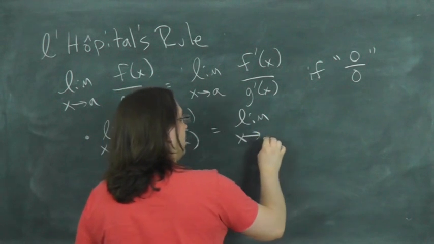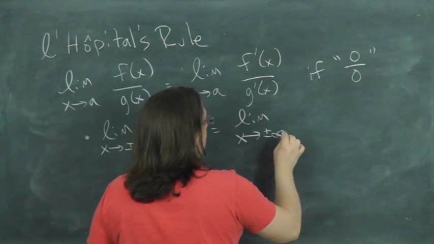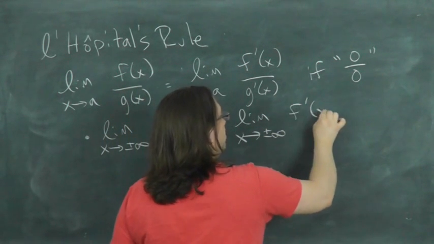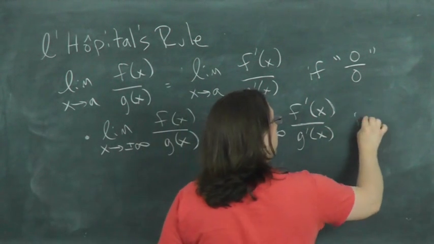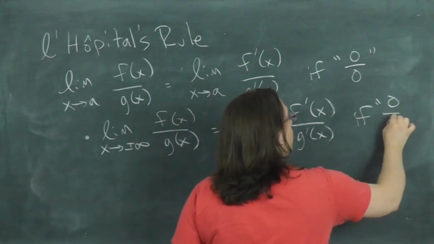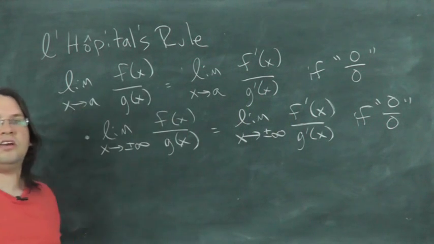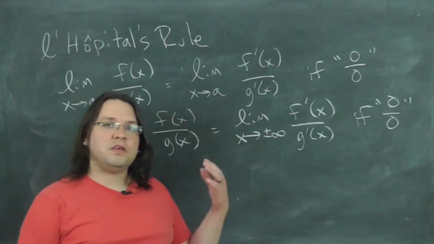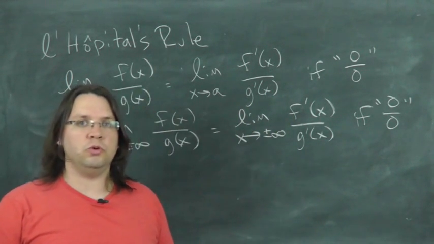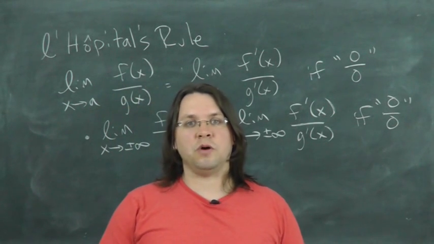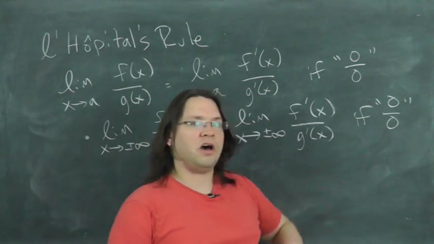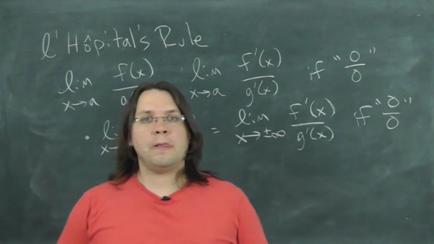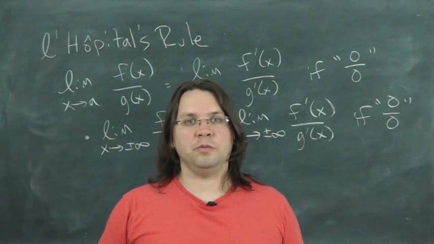This is the limit as x goes to infinity or maybe minus infinity, once again, of the derivatives if we're in the case 0 over 0. Now, this is actually the easiest form of L'Hopital's rule. In the next video, we'll see that there are some other forms of L'Hopital's rule that apply to other circumstances besides 0 over 0, and perhaps require us to do some additional manipulations.